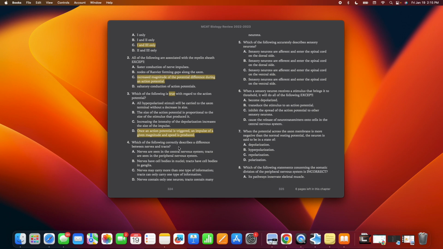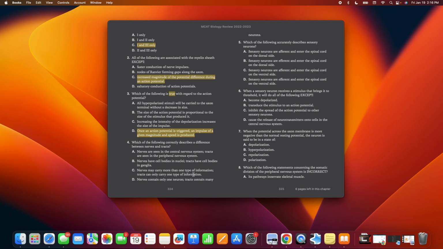Which of the following correctly describes a difference between nerves and tracts? Nerves are seen in the central nervous system, tracts are seen in the peripheral nervous system. I think it's the opposite. Nerves have cell bodies in nuclei, tracts have cell bodies in ganglia. Nerves may, or actually, nerves may carry more than one type of information, tracts can only carry one type of information.